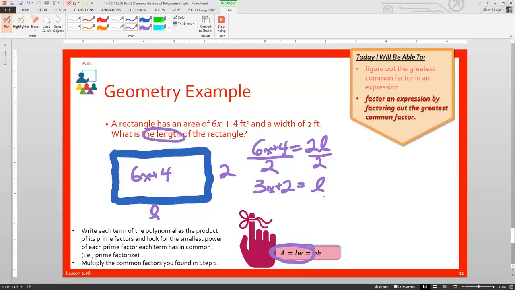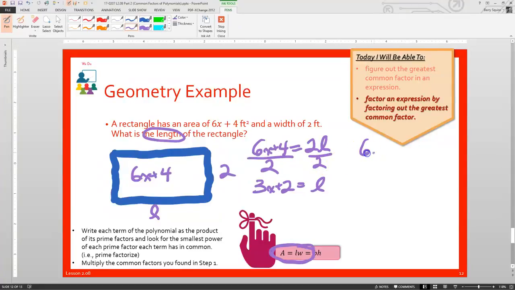Whatever x might be, we don't know what x is, but if we did know what x is, then we would certainly know the length. There's another way that we can do this dividing. As we've been practicing, we've been talking about dividing by that coefficient. I'm going to tweak it just a little bit, and it might make more sense if we think of dividing by 2 as the same thing as multiplying by 1/2.